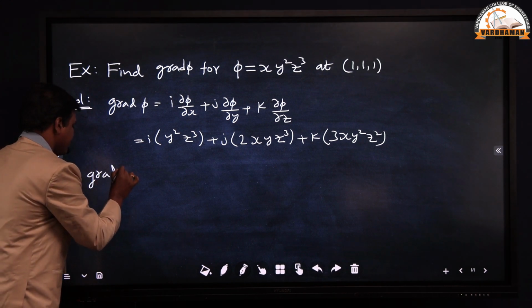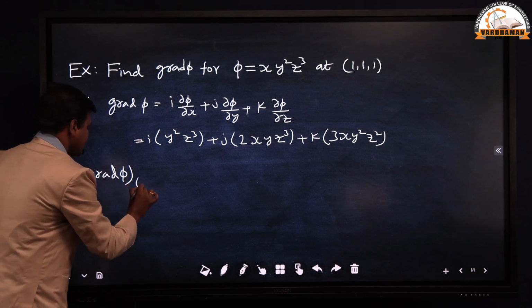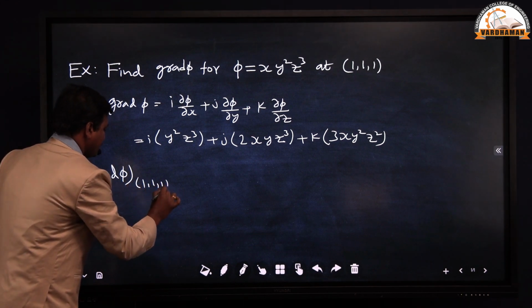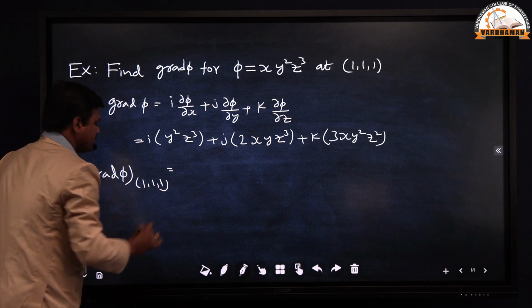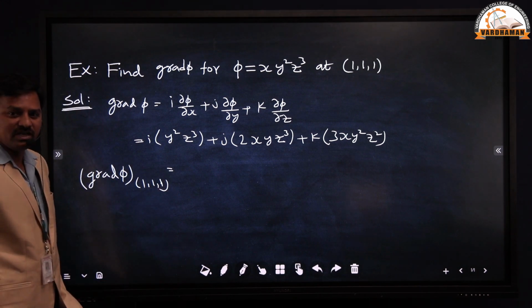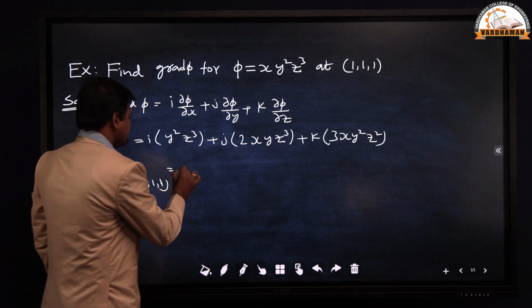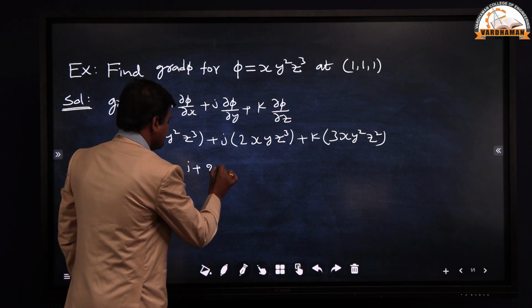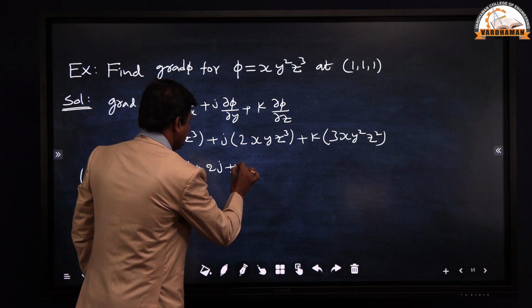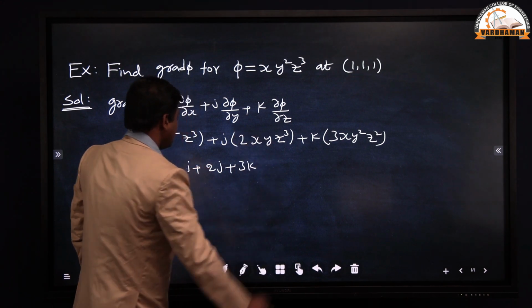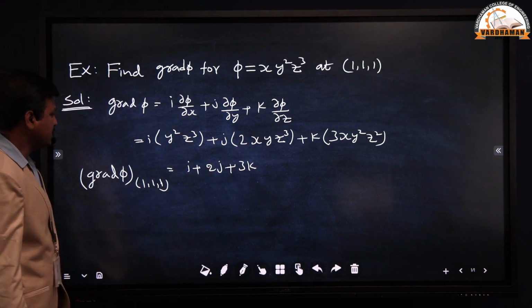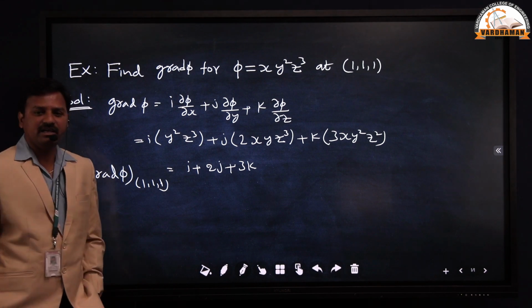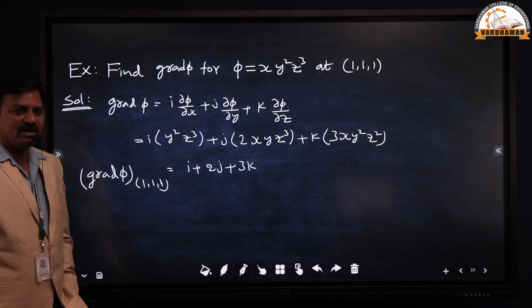Grad phi at 1, 1, 1. Substitute x equal to 1, y equal to 1, z equal to 1. We get i plus 2j plus 3k, which is the gradient of phi at the point 1, 1, 1.